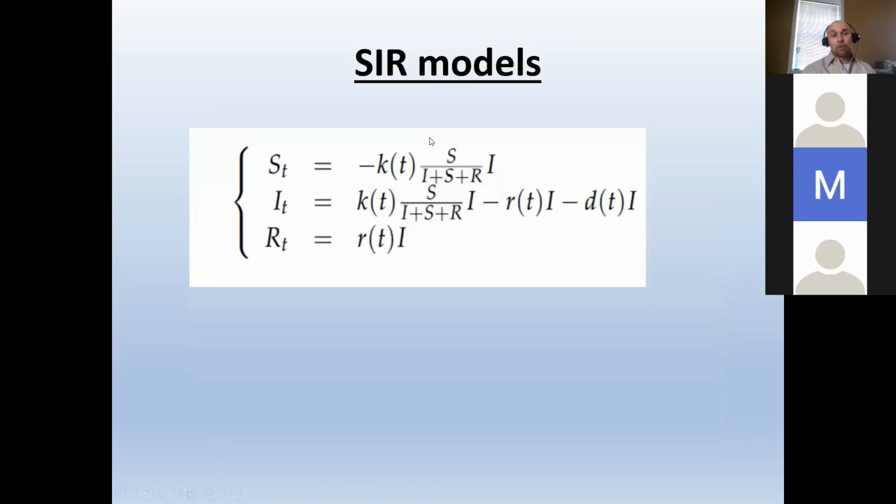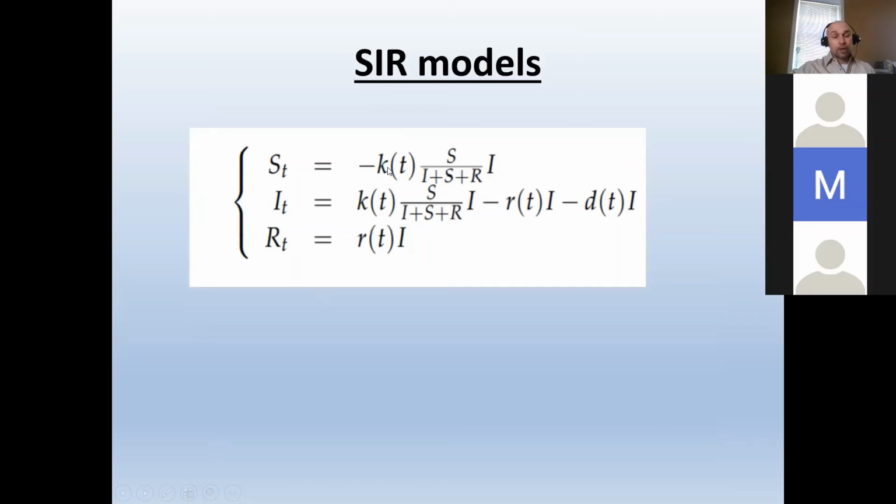And also, for application, it is very important from what I've seen: you can make the parameters depend on time, and that's the reality, because there are several factors which make these coefficients vary. For example, typically governments act, and this has an effect on the spreading coefficient, on the coefficient k.